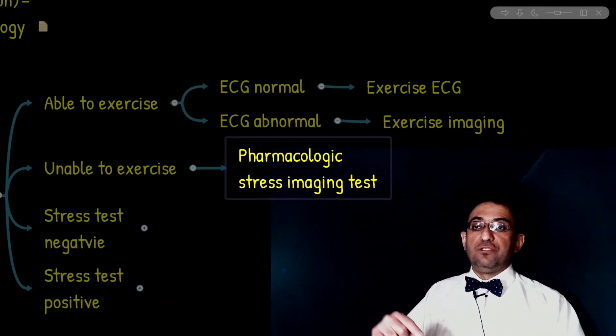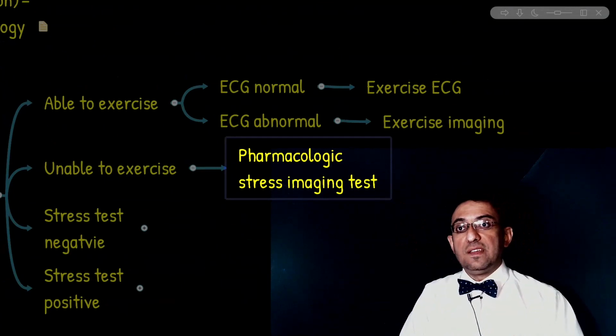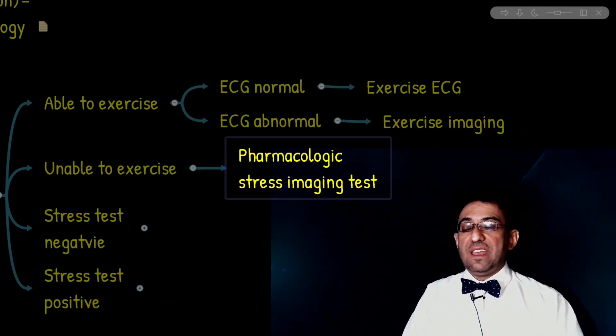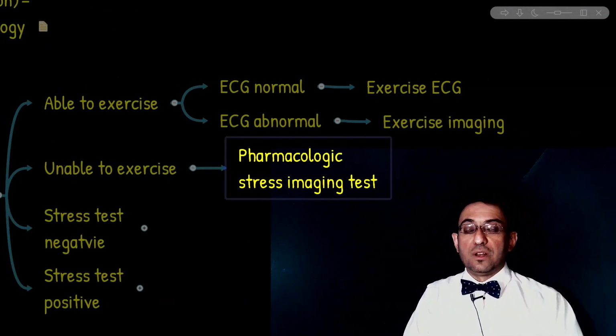What are the contraindications to dobutamine? As we mentioned, once more we need to review. Most important is ventricular arrhythmias, especially any type of tachyarrhythmia, but also unstable angina, recent MI, aortic dissection, severe hypertension, and left ventricular outflow tract obstruction, such as hypertrophic obstructive cardiomyopathy.